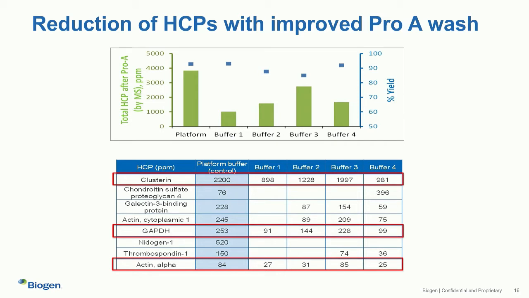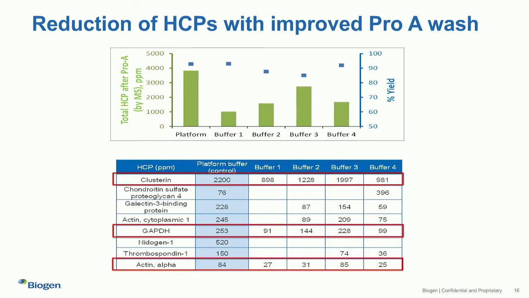We think this salt wash step could be very critical to disrupt the host cell protein and mAb interaction while maintaining the mAb and Pro A interaction, so that we get the best clearance while not affecting the yield of the mAb.